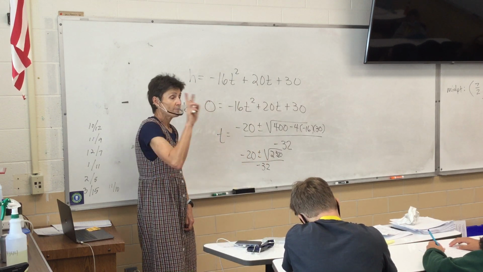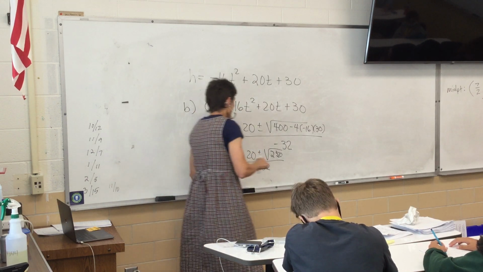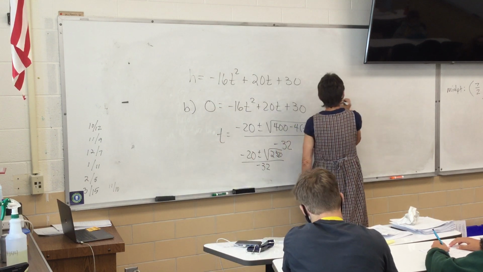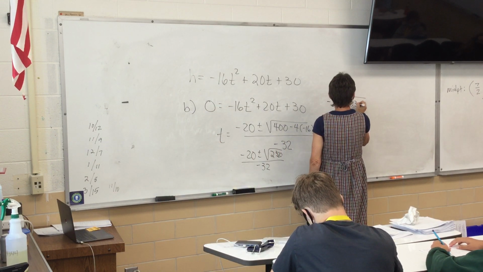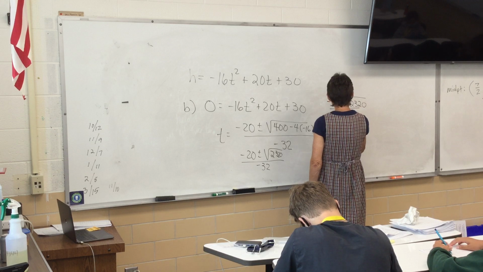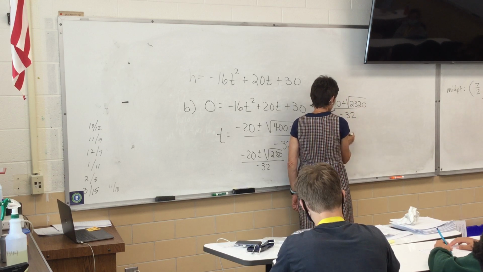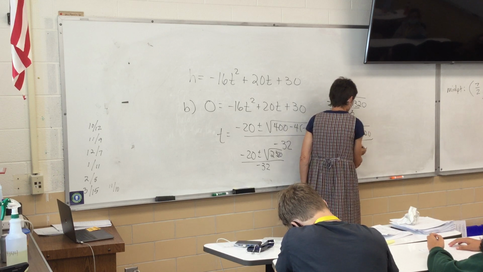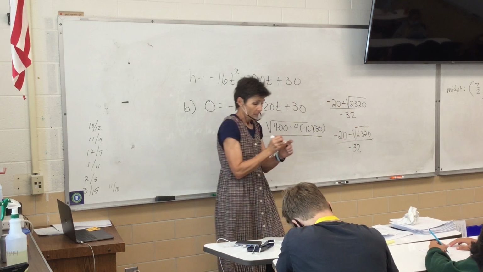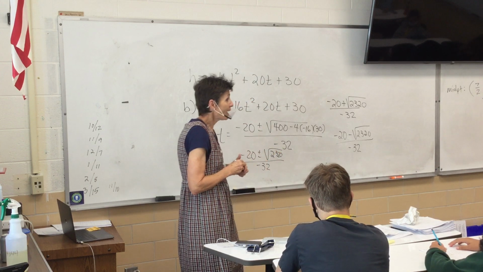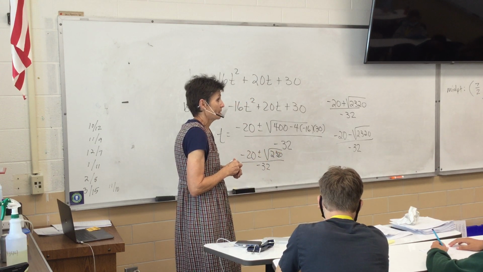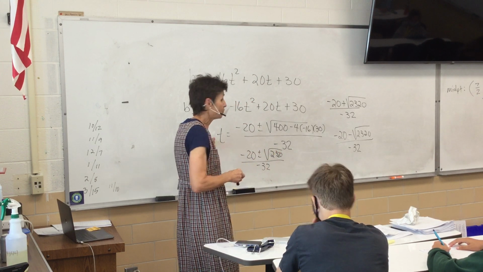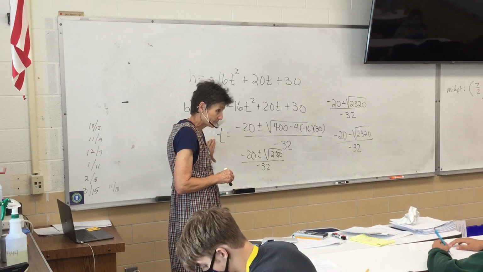Now remember, that's actually 2 numbers. It's negative 20 plus the square root of 2320 over negative 32. And it's negative 20 minus the square root of 2320 over negative 32. Now, keep in mind that you're solving for t, right?